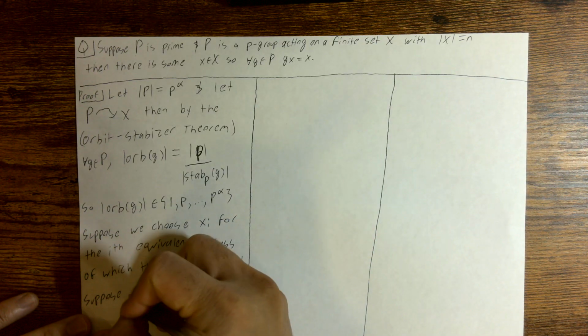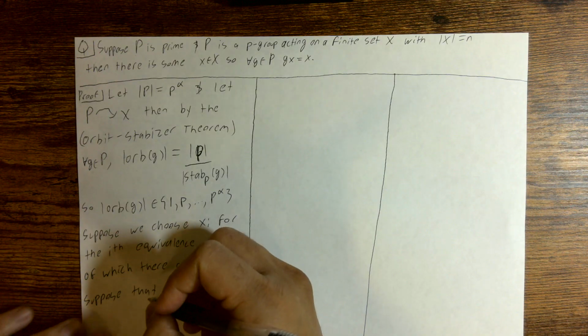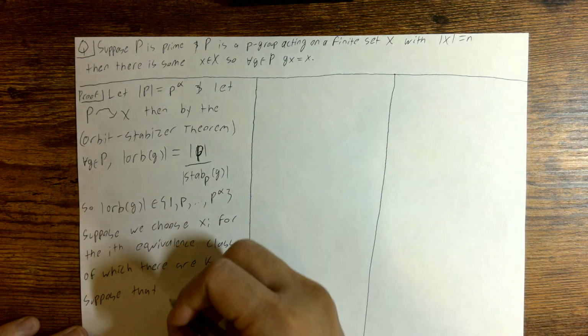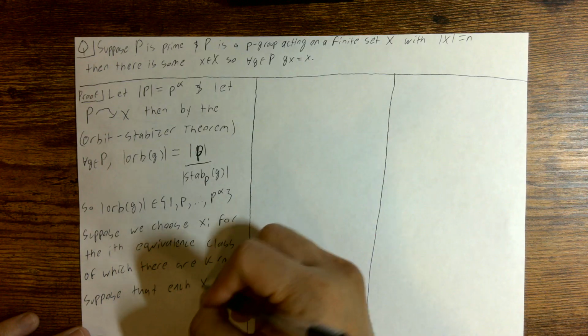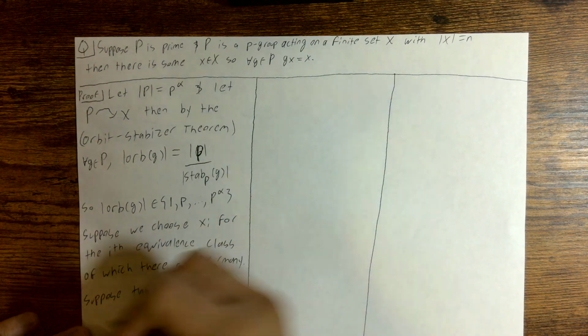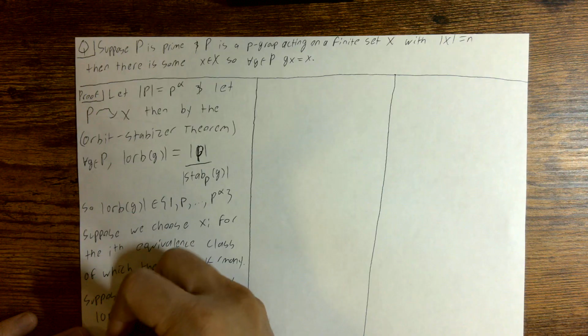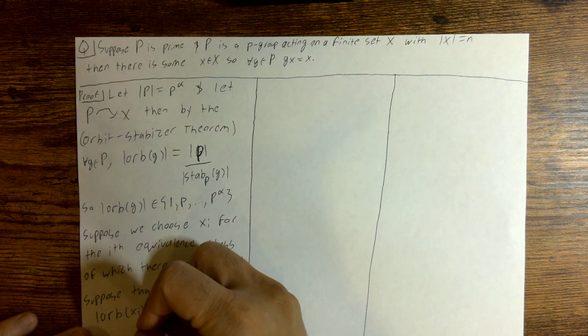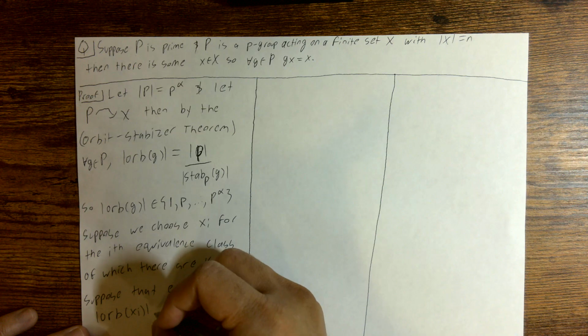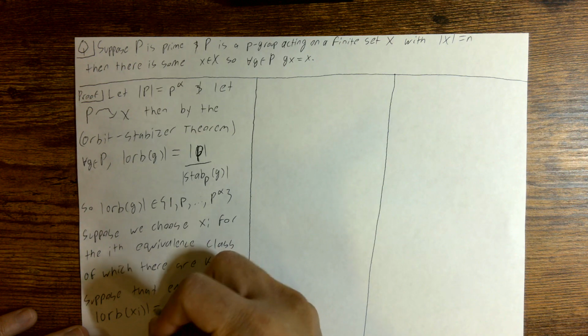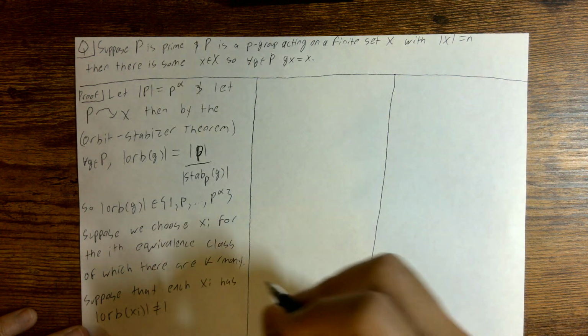Suppose that for each xi, the size of the orbit at xi is not equal to 1.